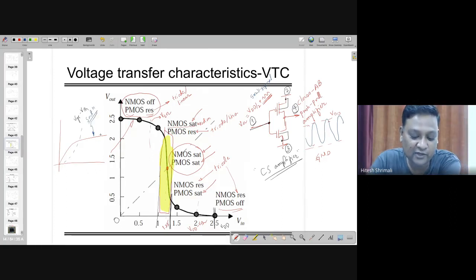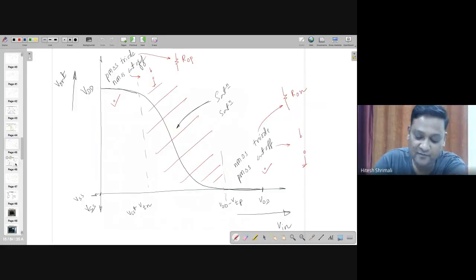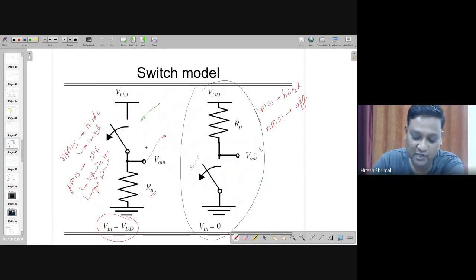But in analog circuit design, where you want to make an amplifier, your transistor has to be biased over here only, not here. But in our case, where we want to have the exact replica of VDD to output and ground to output, in that case, it has to be an ideal switch. If it is something else, it does not work, right?